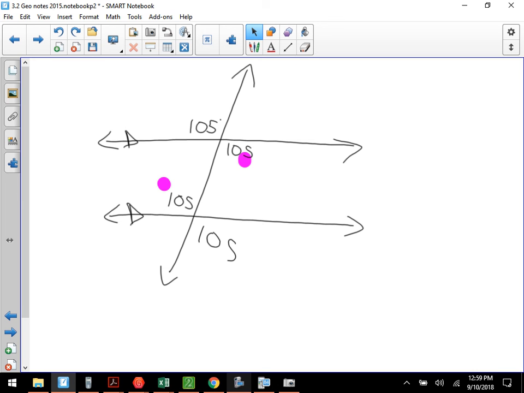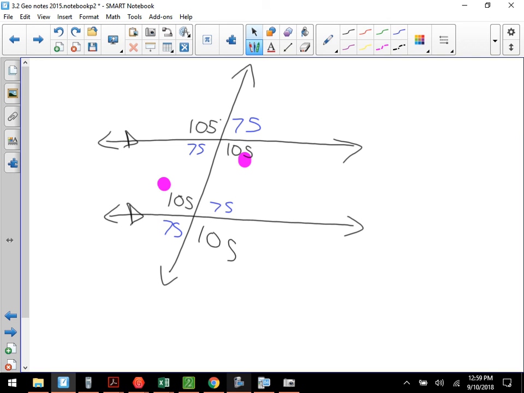So what happens is you're only going to get 2 separate angles. Now, you can easily figure out what the other angle is. It has to be 75, because angles that are next to each other that create a line, linear pairs, always add up to equal 180. Again, 75, switch over, 75, and switch back, 75.